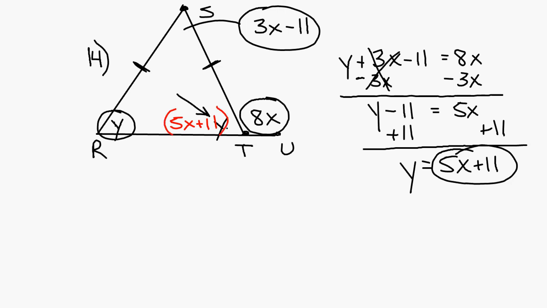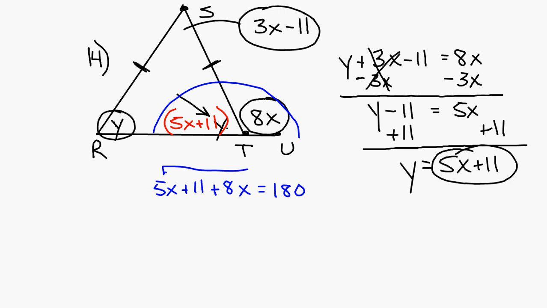And what do these two have to add up to? They got to add up to 180. So 5x plus 11 plus 8x has to equal 180. If you combine these two x's, then 13x plus 11 equals 180.